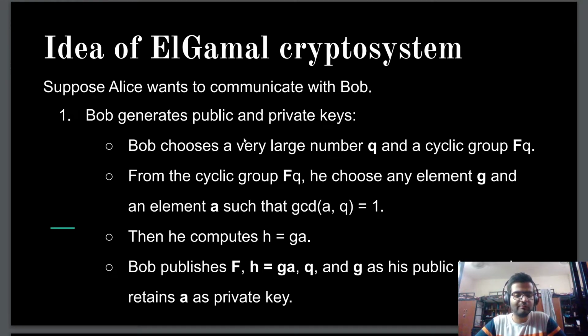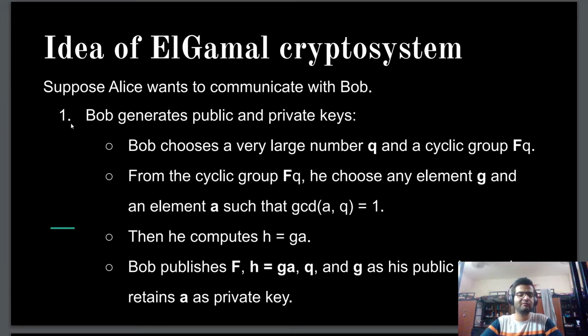From that cyclic group, he will choose an element g and an element a such that gcd(a, q) is 1, the greatest common divisor of a and q. Then he will compute h, so h equals g^a, and Bob publishes h = g^a, q and g as his public key and retains a as his private key.